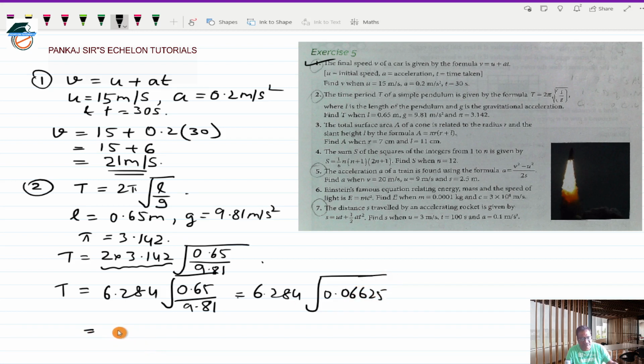So my final answer will be the square root of this value. From the calculator I'm getting 0.257408. So my final answer will be this 0.257408 multiplied by 6.284.